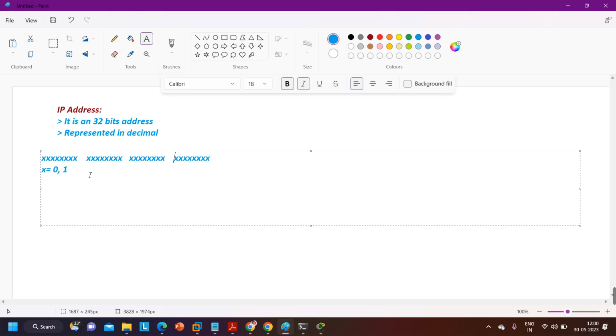Here the representation does not depend on the organization; the representation is fixed. Okay, and we separate all fields with a dot. That is also fixed.